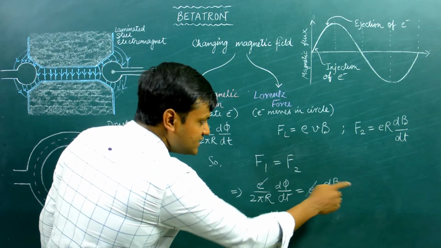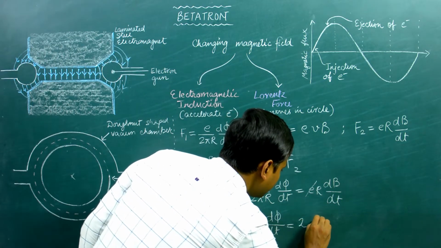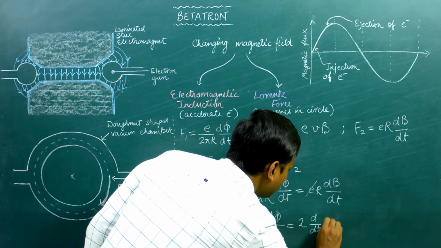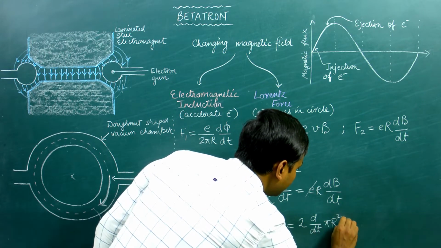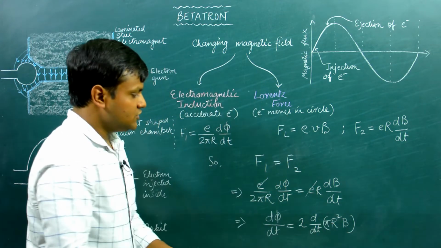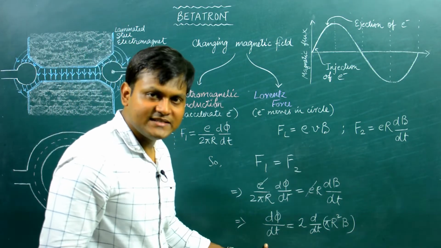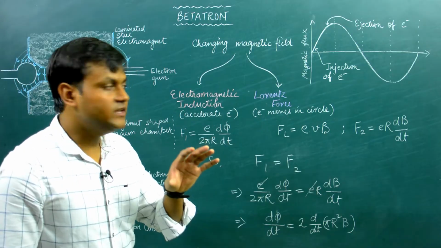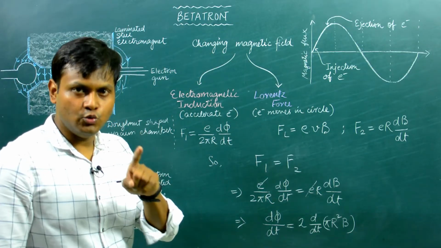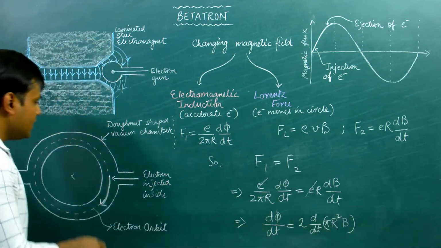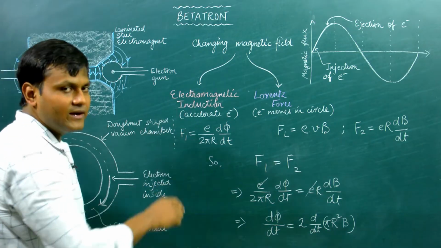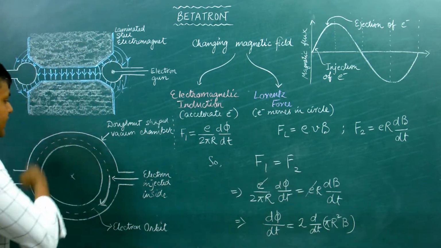If you take pi r squared inside the derivative, you get 2 d/dt of (pi r squared B). This equation is quite interesting. It basically gives us the crux of the condition at which the Betatron is supposed to work: the change in velocity and the change in magnetic field are going to be such that the radius remains constant.